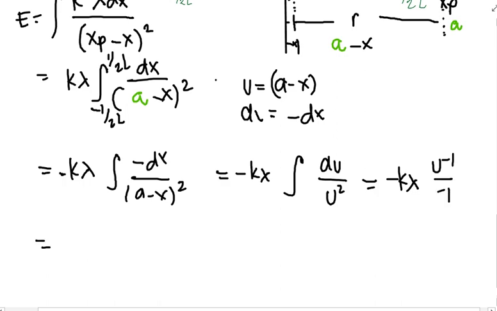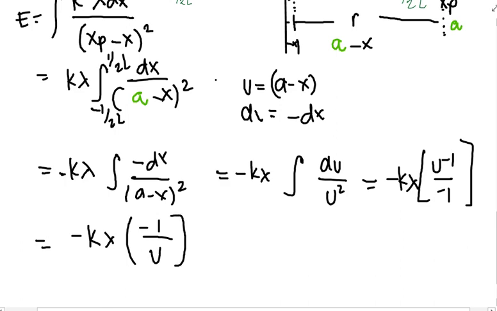So this is equal to negative k lambda times negative 1 all over u. If we back substitute, u is equal to a minus x. Multiplied by negative, this will be positive, so we have positive k lambda.